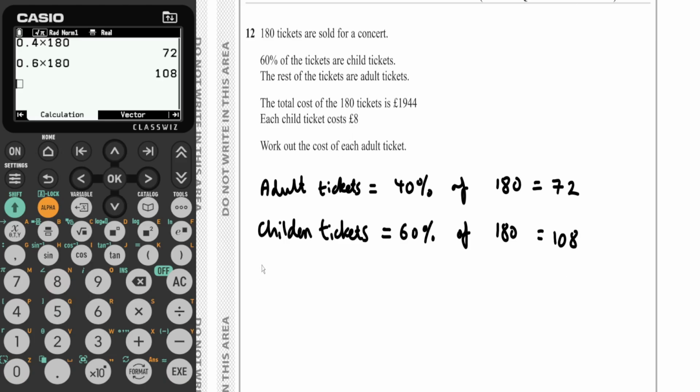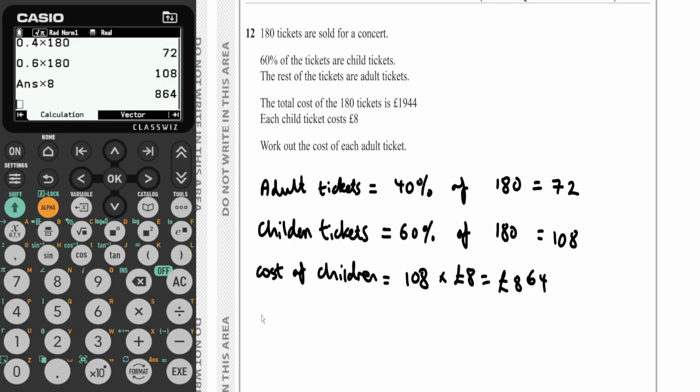So the cost of children will equal 108 multiplied by £8, which is equal to £864.